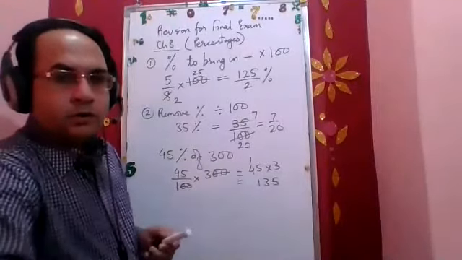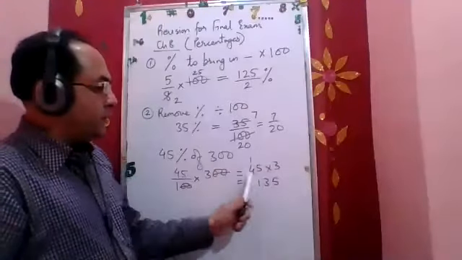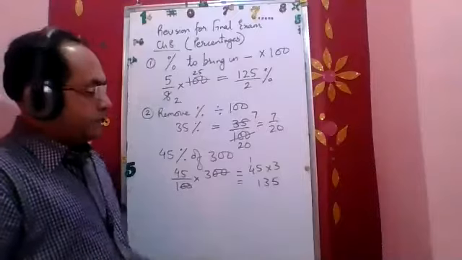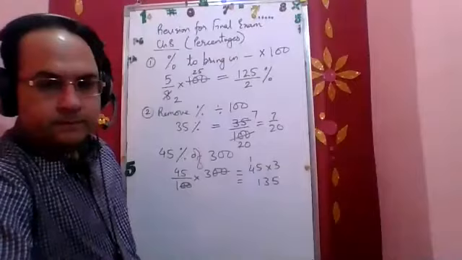All right, so this is how we get 45% of 300. That is the answer.